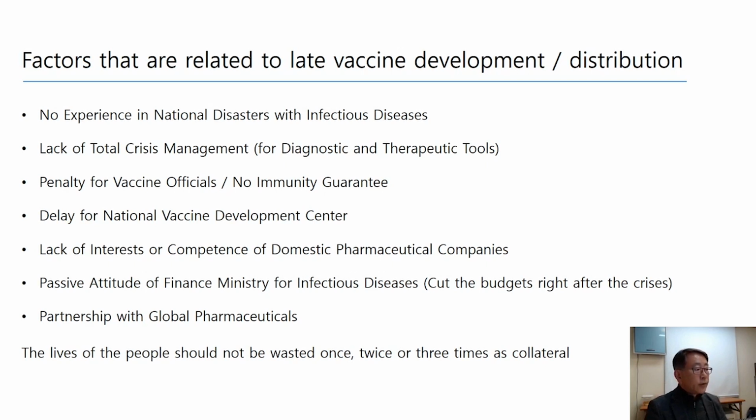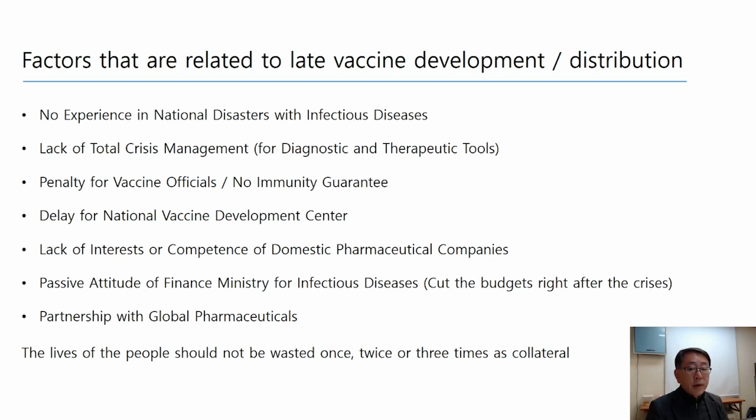And it's sad. So the third factor is kind of sad. Based on the past experience, the government officials, especially in the field of vaccine development or vaccine distribution, used to get a penalty by the auditors, especially when they ordered more than necessary excess vaccines, then the auditing officials gave a penalty to these government officials.